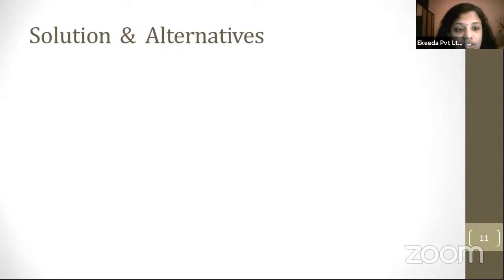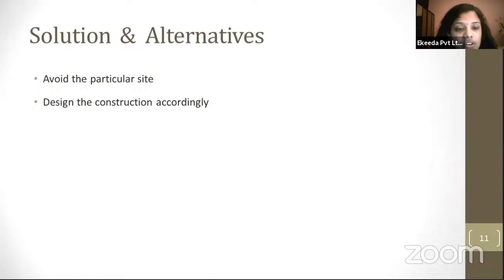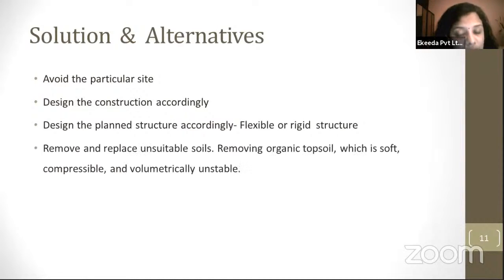Then what are the solutions? Avoid the particular site, or we can modify the property of the soil, or we can modify the design of the building so that the building can withstand there.